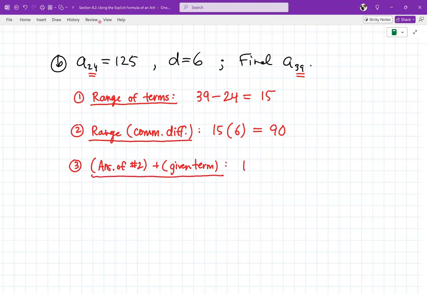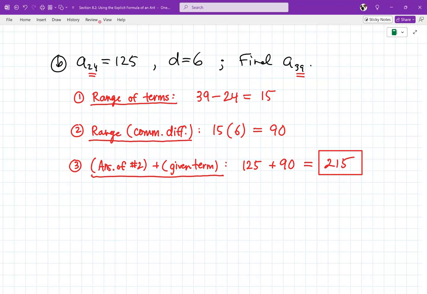So my given term was 125 plus 90. That's my answer for number 2. So 125 plus 90, how much is that? That's 9, 10, 11, so 205? No, 215. Okay, and there you go.